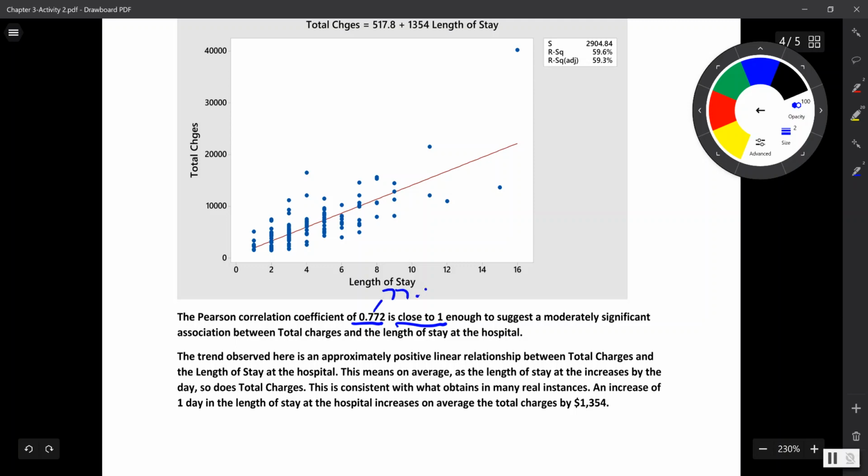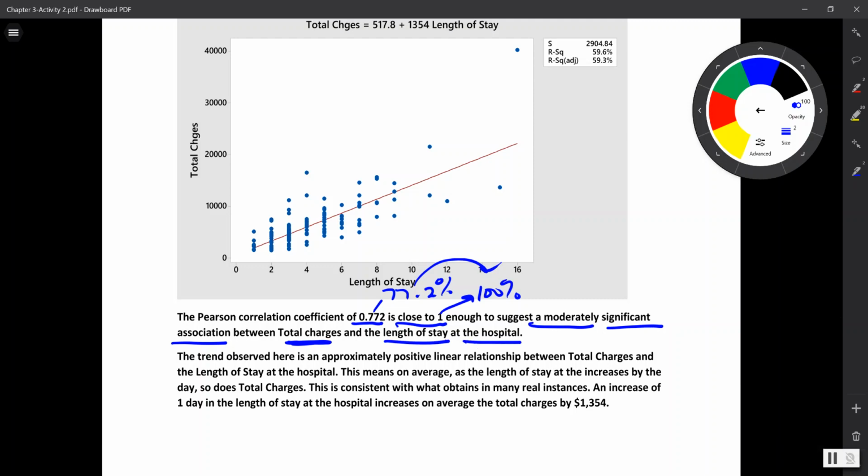Remember, this is the same thing as 77.2%, which is very close to 100%, which is 1. So we can say that there is a moderately significant association between how much you are charged at the end of the day and your length of stay at the hospital based on the data set that we have.